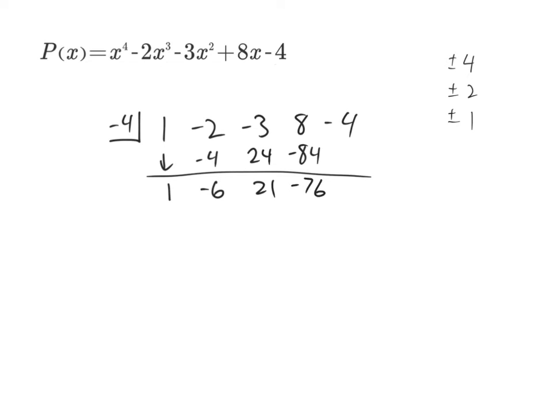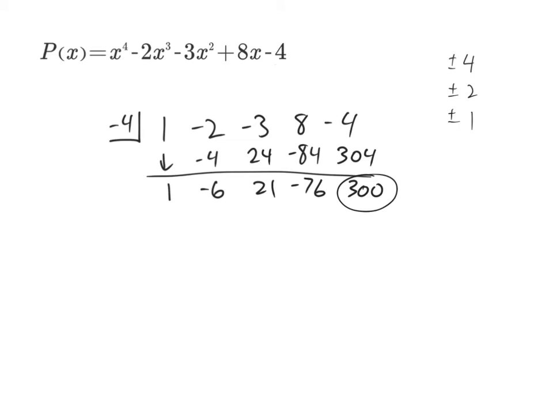Negative 76 times negative 4 is 304. That's 300. Okay, that is not 0. And if you notice here, these change signs every time. If they change signs every time, that means this is too small. I want to pick something bigger. But once again, it's the smallest one we had. If it wasn't, I would just make sure I don't choose anything smaller than that.